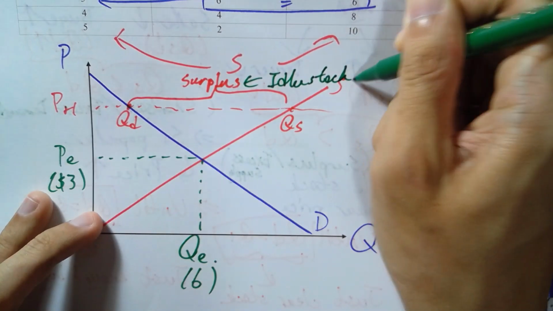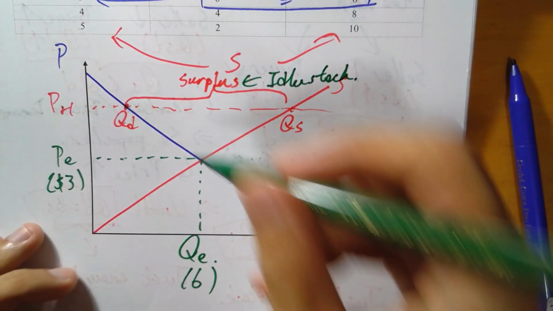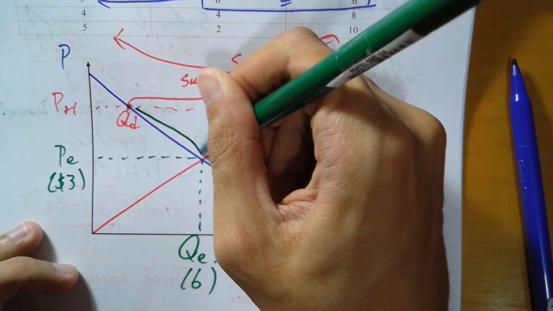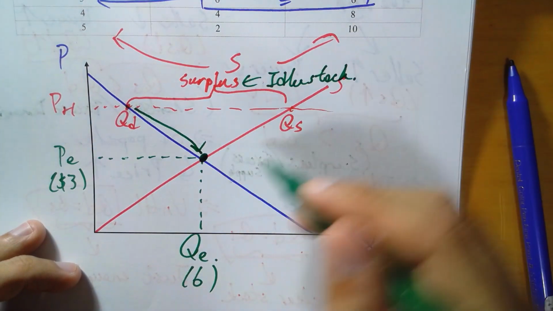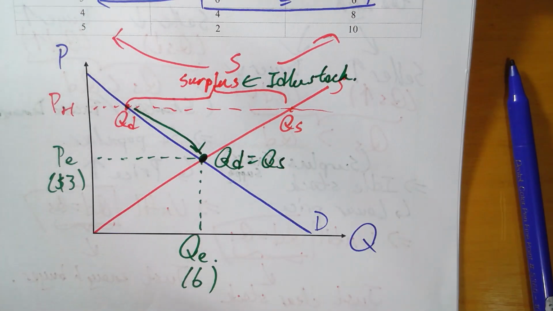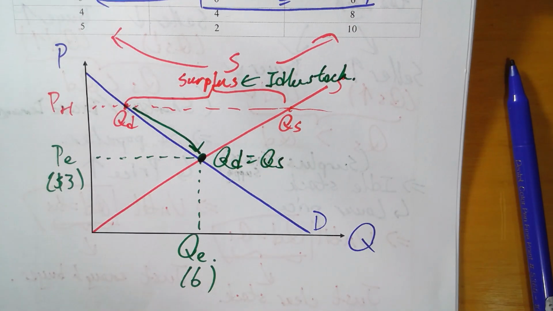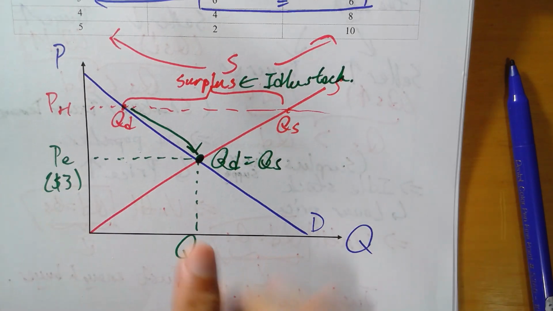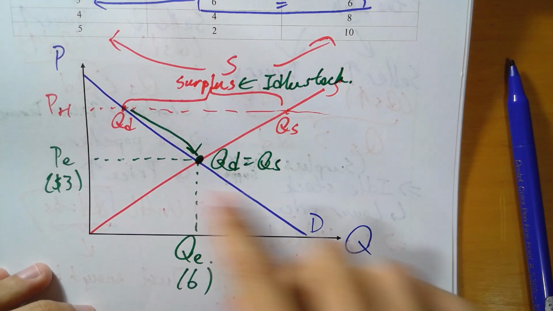So what happens? You adjust the price until you reach when QD equals to QS again. Okay, this is a graphical representation. 得唔得啊？Alright, I'm not going to do it again for the lower one.